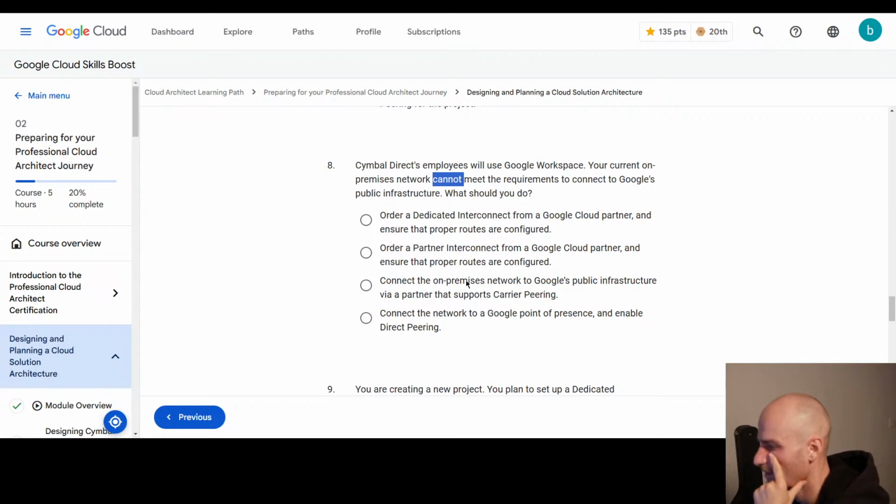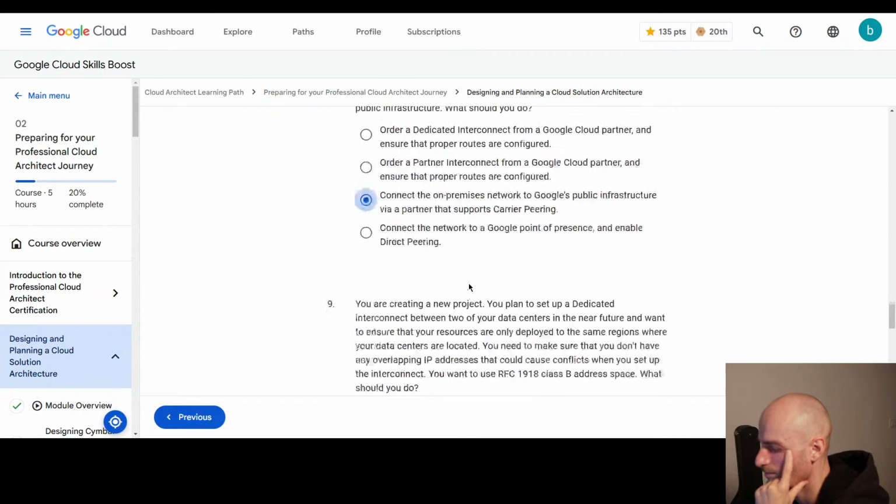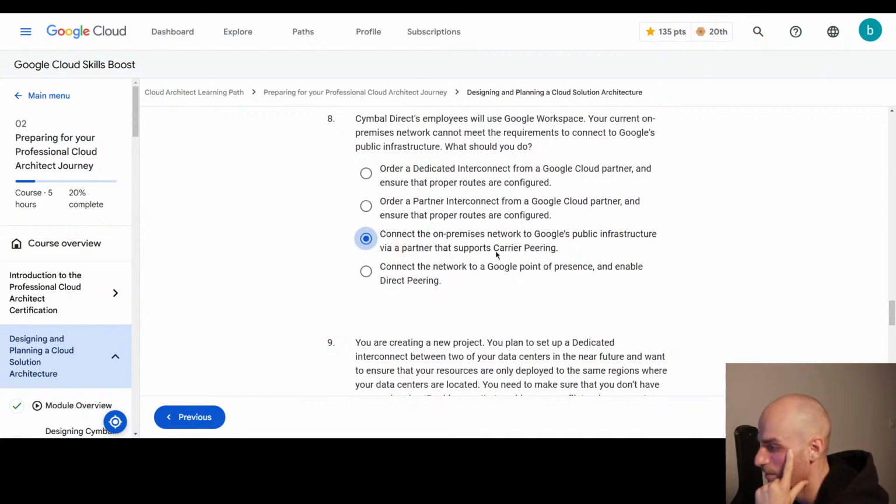Interconnect costs a lot. I will see if someone can help me with this.